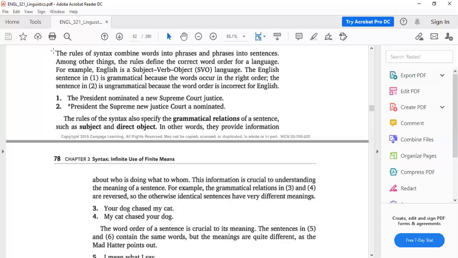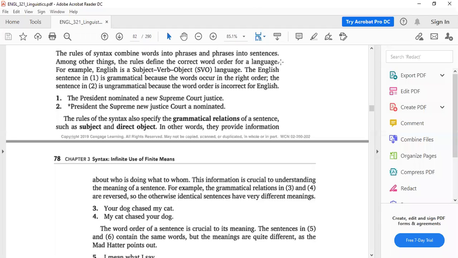It is not in a correct order. Okay, good. So read this. The rules of syntax combine words into phrases and phrases into sentences. Among other things, this is the answer. The rules of syntax define the correct word order for a language.